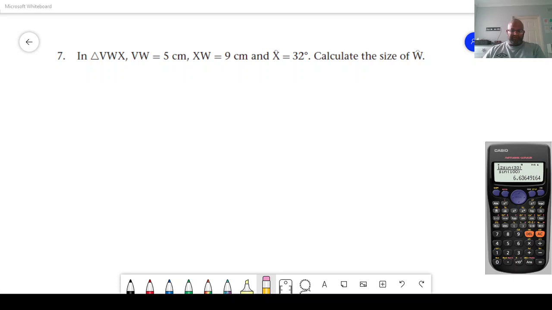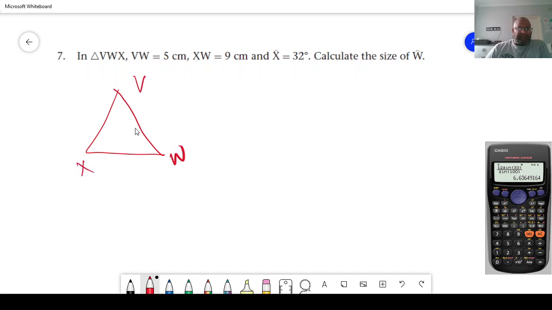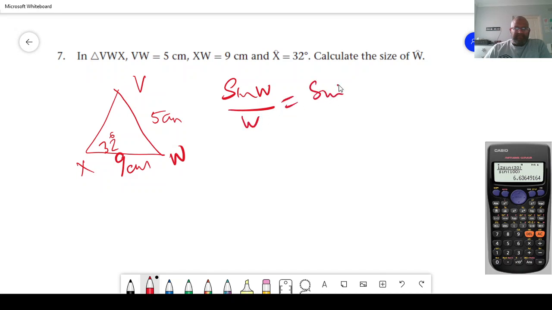Okay, in number 7, we are told in triangle VWX that VW is 5 centimeters, WX is 9 centimeters, and angle X is 32 degrees. The question says calculate the size of angle W. So we know that sine of W over lowercase w is equal to sine of angle V over lowercase v is equal to sine of X over lowercase x.